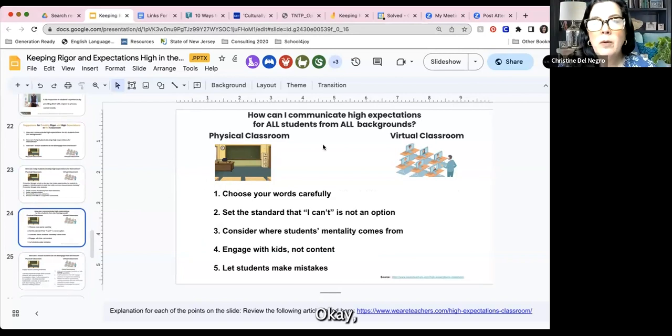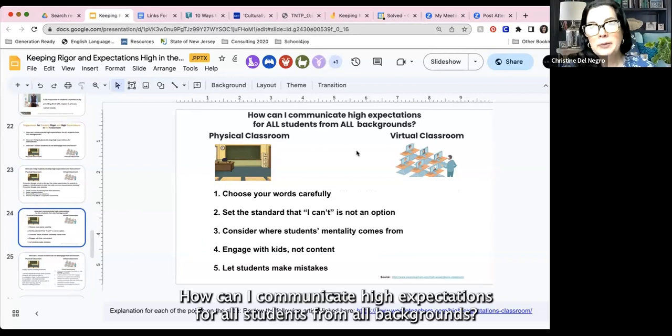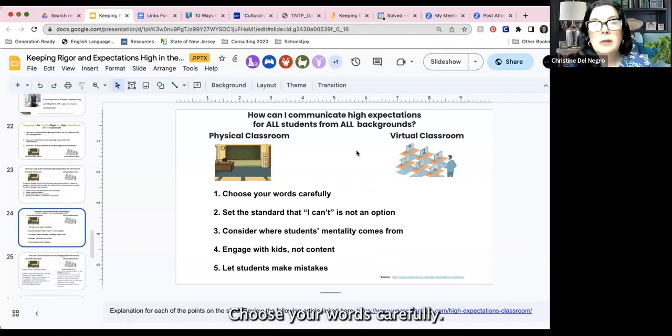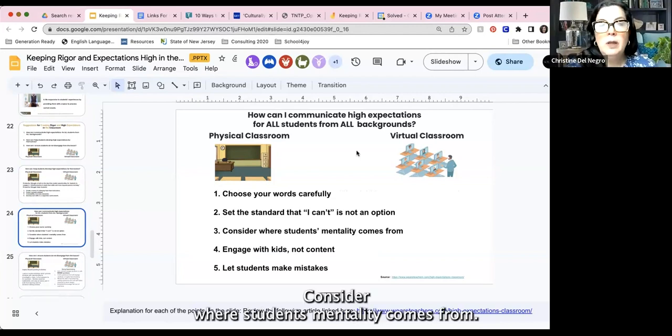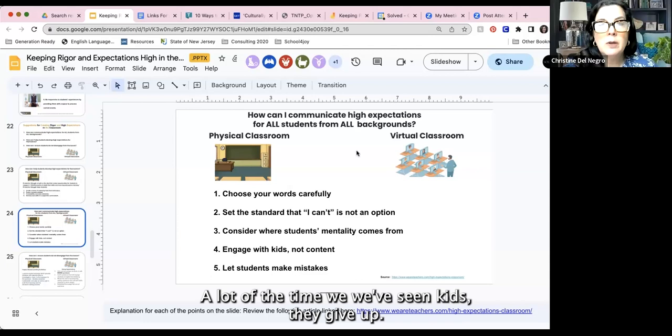Okay. How can I communicate high expectations for all students from all backgrounds? Choose your words carefully. "I can't" is not an option. Consider where a student's mentality comes from. Engage with the kids, not the content. Let students make mistakes. A lot of the time, we've seen kids give up.